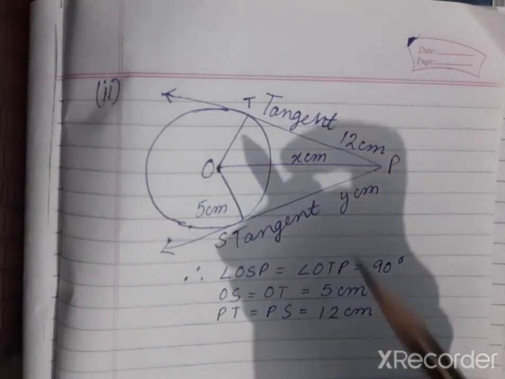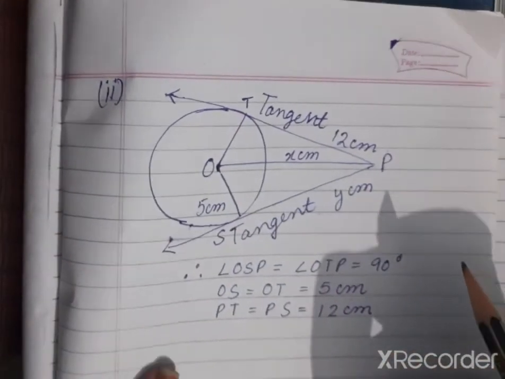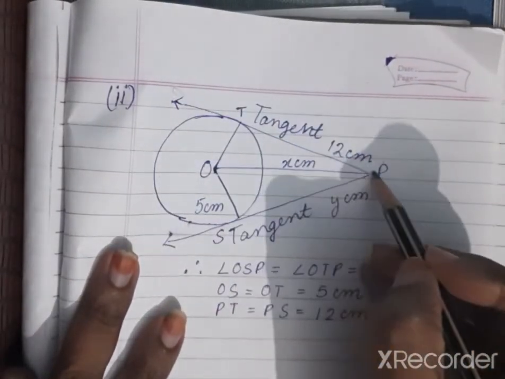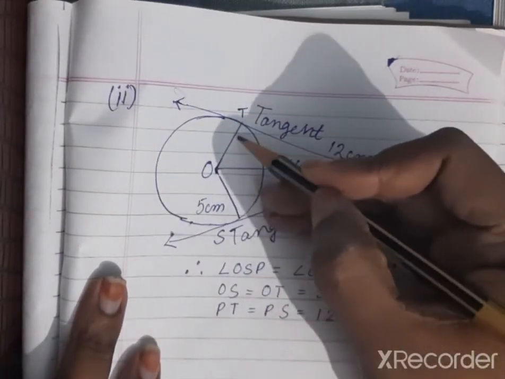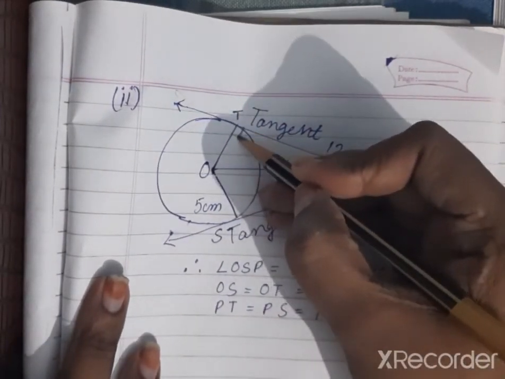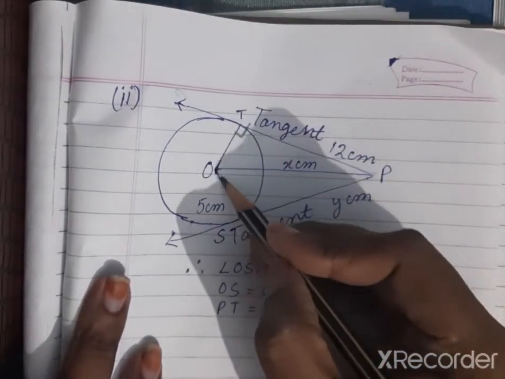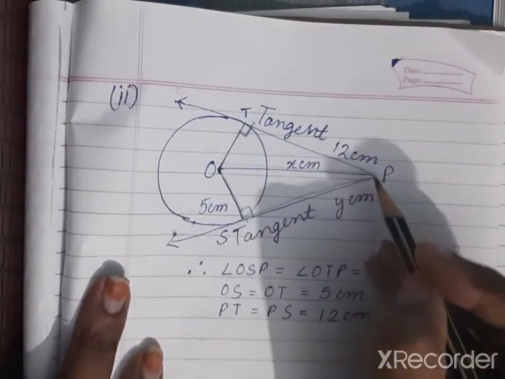Now question number 2 is, again it is a semicircle, and here you can see that this is tangent, this is tangent. This is perpendicular on this, means this will be 90 degrees and this will also be 90 degrees. Means these two are right angles.